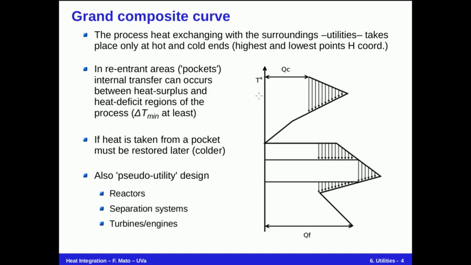Then, this behavior lets us represent utilities in front of the grand composite curve in a way that is very useful to calculate them. We must fill the gaps up with heating and fill the gaps down with cooling.